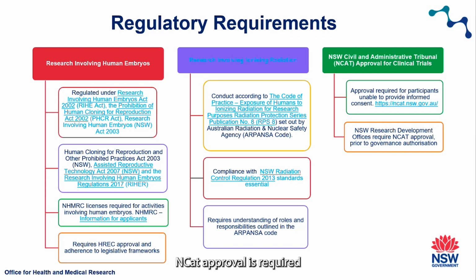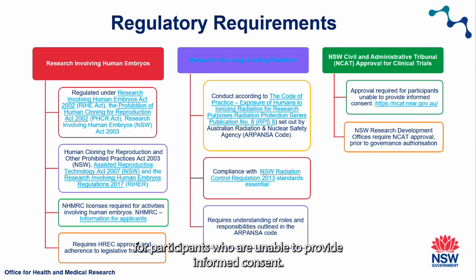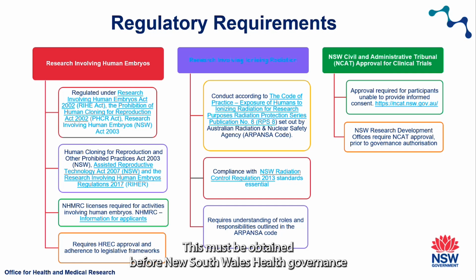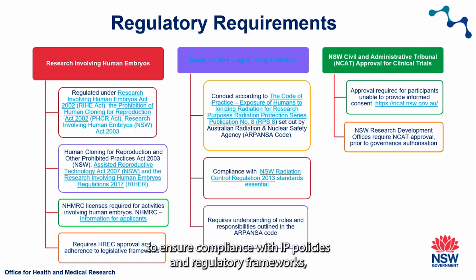NCAT approval is required for participants who are unable to provide informed consent. This must be obtained before New South Wales Health Governance Authorization. Use these resources in the handbook to ensure compliance with IP policies and regulatory frameworks, and also to secure necessary approval for all your research activities.